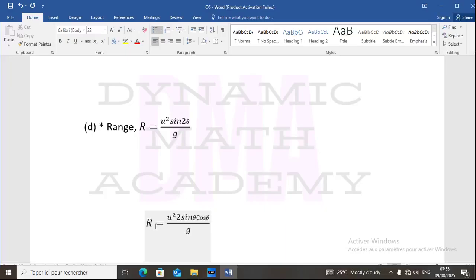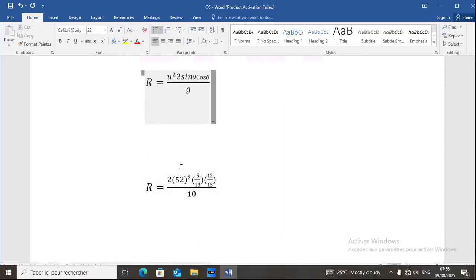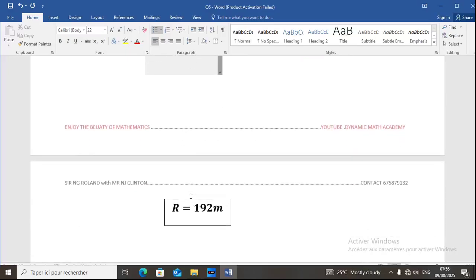So we're going to have R equals u squared times 2 sin theta cos theta divided by g, and we're going to have 2 times 52 squared, 5 on 13, 12 on 13 divided by 10, and we're going to have our range to be 192 meters.